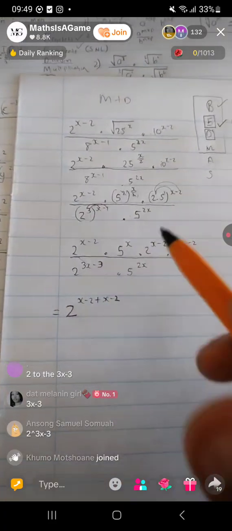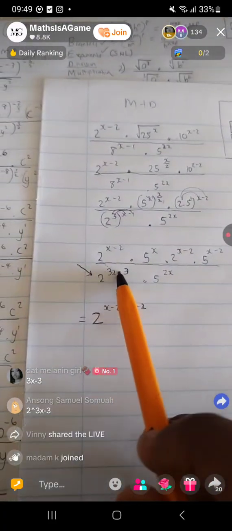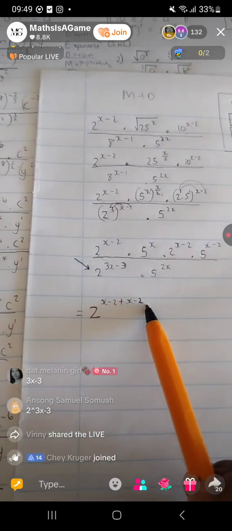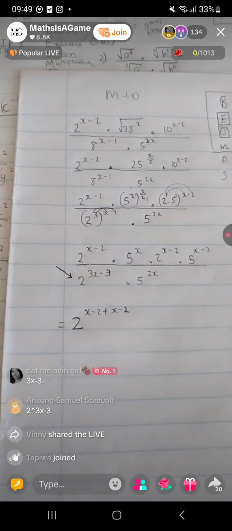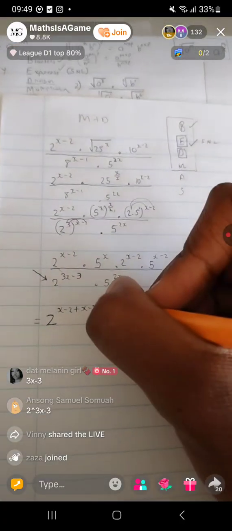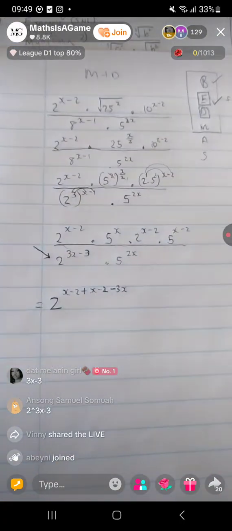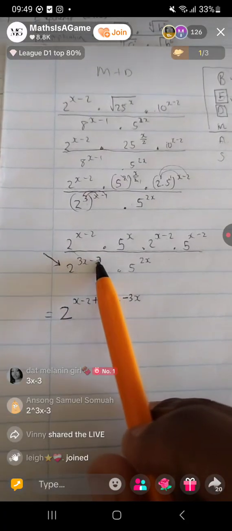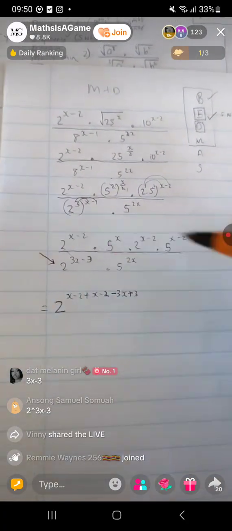Base 2 in the denominator. Guys, in the denominator, if we transport this guy up to the numerator, who changes? Everyone changes. So that means 3x is now going to be negative 3x. Negative 3 is now going to be positive 3.